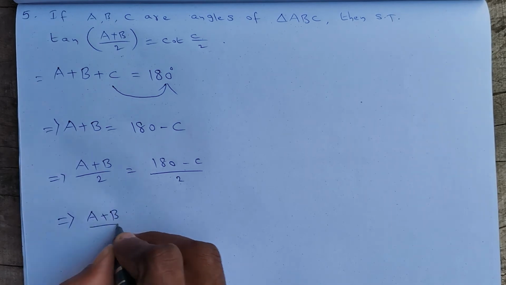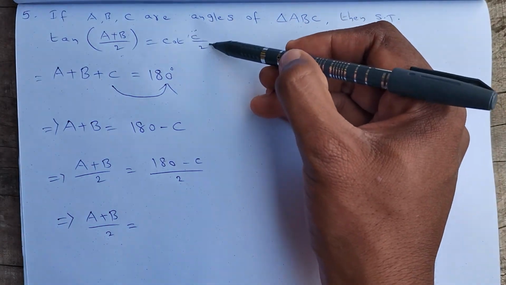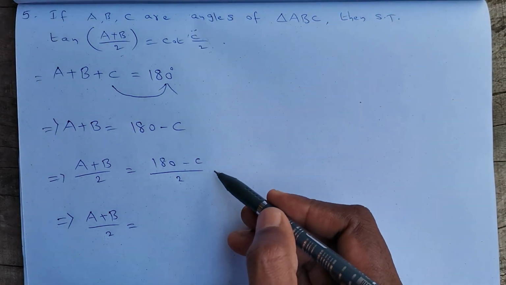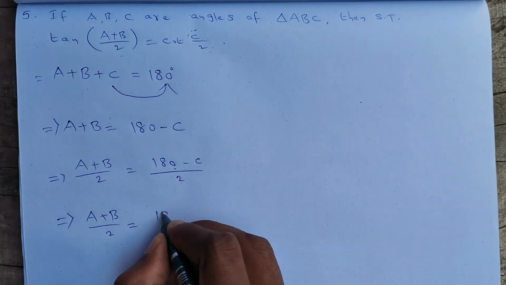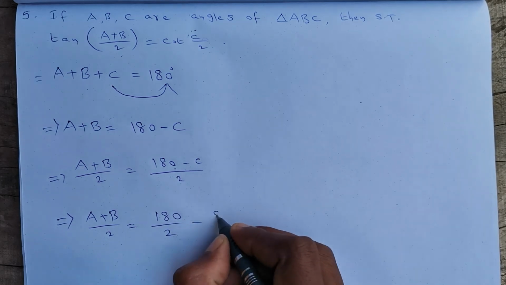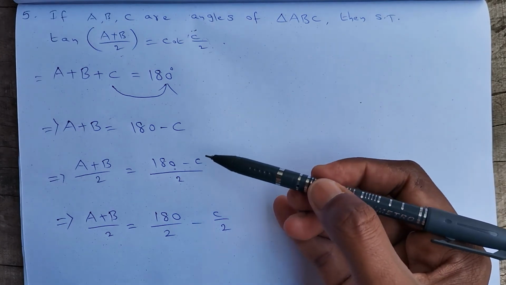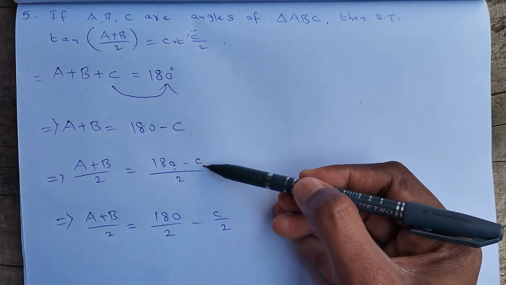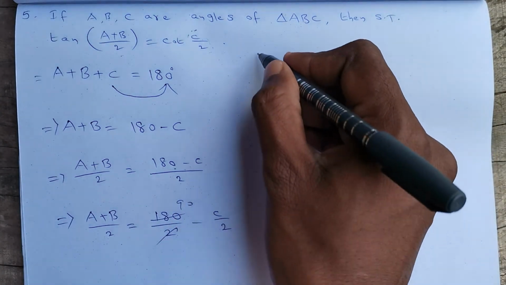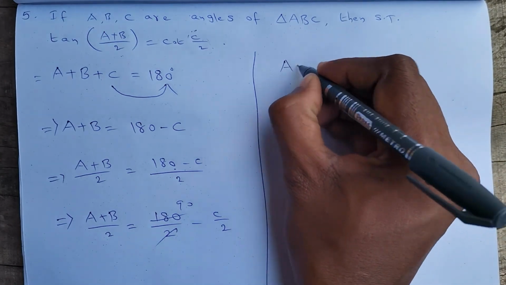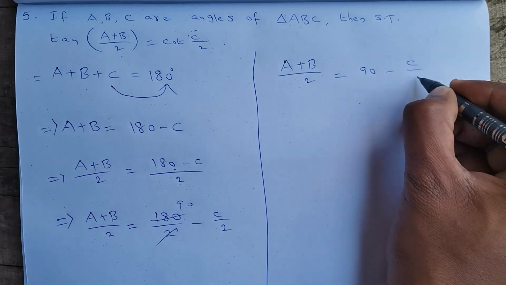Now on the right side we have only C by 2, so I divide: (180 minus C) divided by 2 can be written as 180 by 2 minus C by 2, the same denominator for both terms. 180 by 2 is 90. So we got (A plus B) divided by 2 equals 90 minus C by 2.